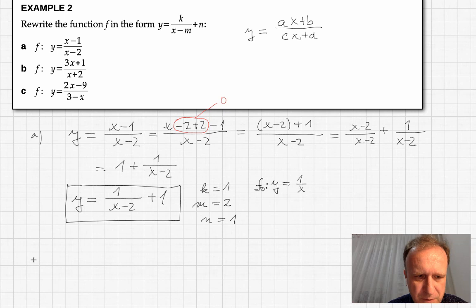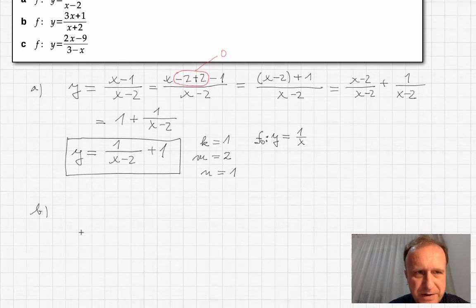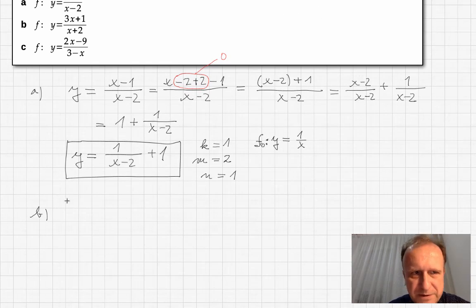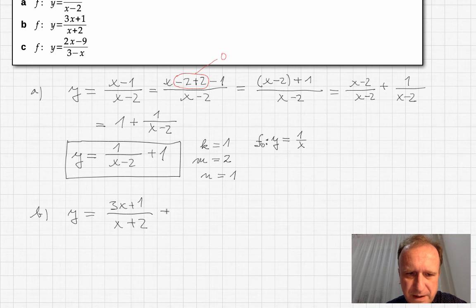Now let's continue with part B. In part B we have the function y equals 3x plus 1 divided by x plus 2. If I want to do something with this, I have to first get rid of the factor 3 in front of x. I have to have just the unit factor.